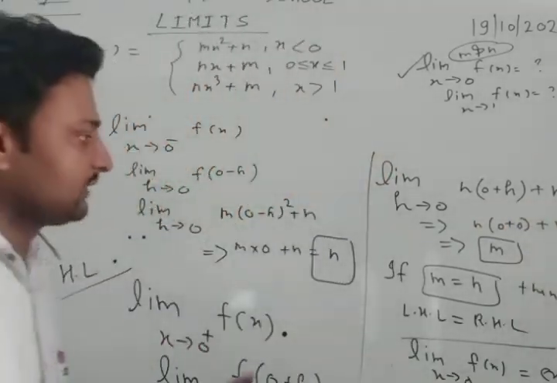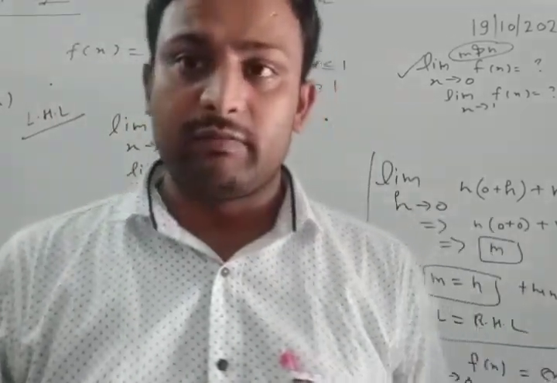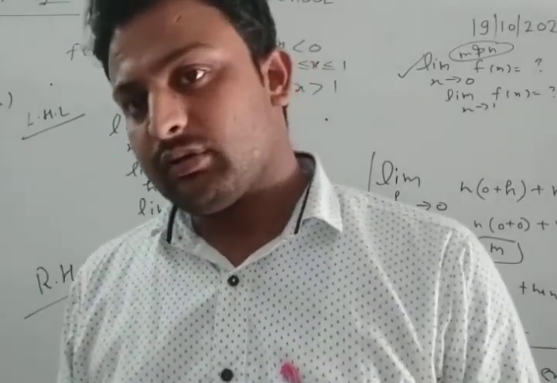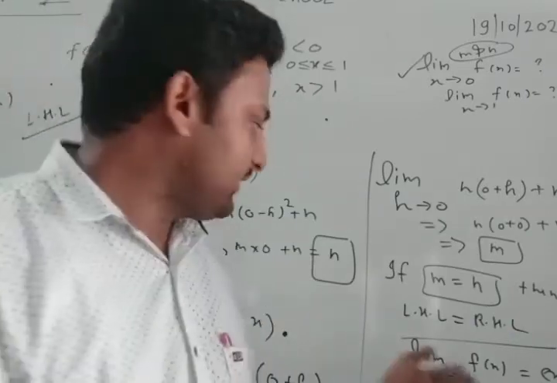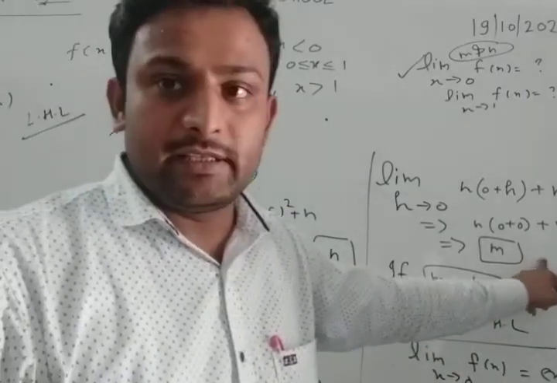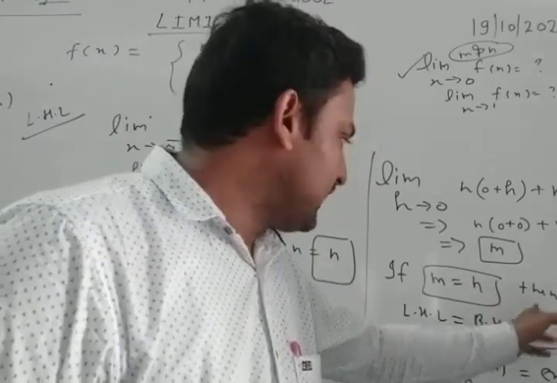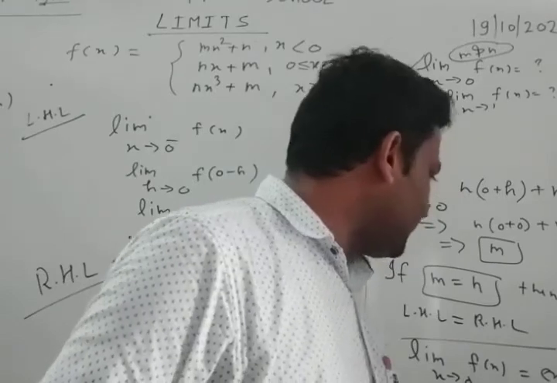So the limit as x tends to 0 of f(x) exists when the left hand limit and right hand limit are the same or coincide. Our left hand limit is n and right hand limit is m. So if m is equal to n, then the left hand limit equals the right hand limit and the limit exists.